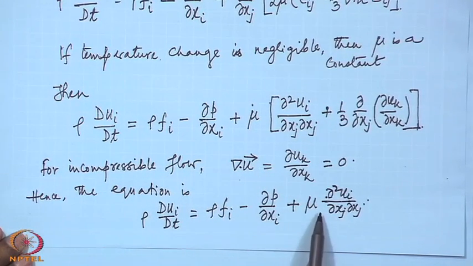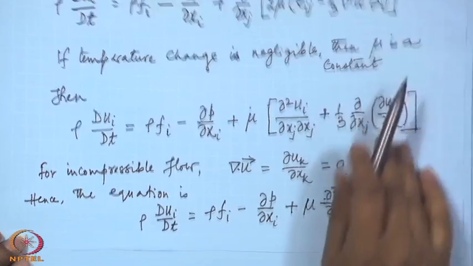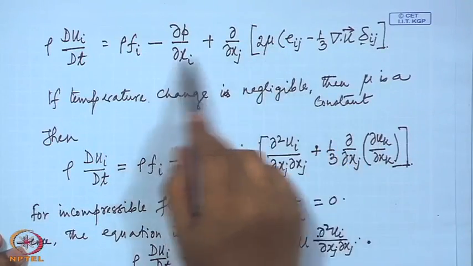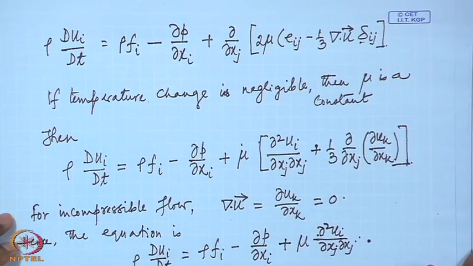This is the final form of the Navier-Stokes equation if the flow is incompressible. Otherwise, when the flow is not incompressible and mu is not constant, because temperature changes are not negligible, the earlier form is the final one.